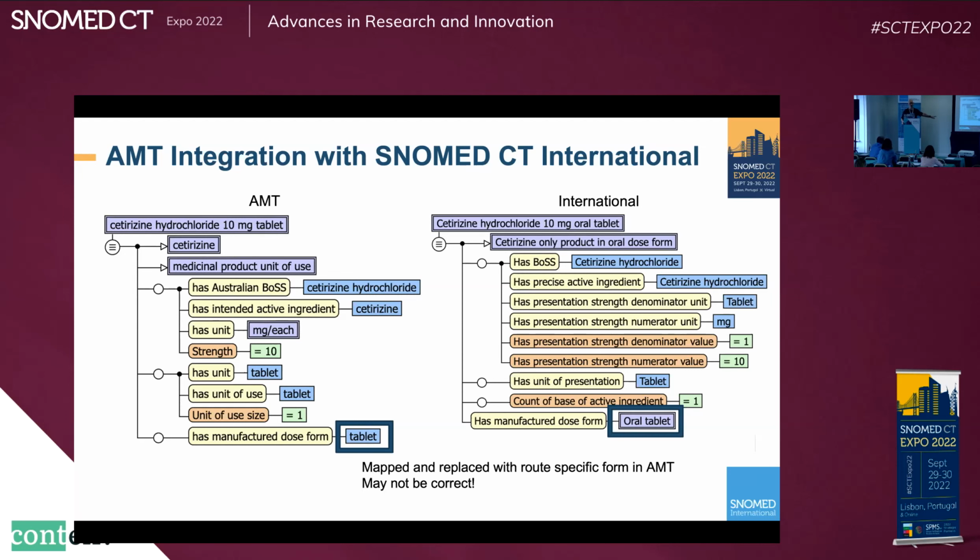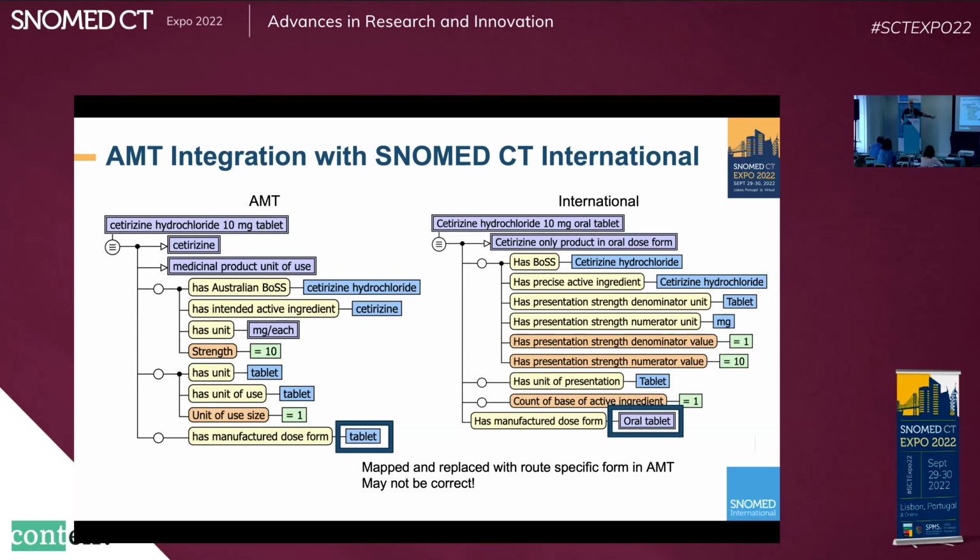But as a result, unlike the DL queries that we had in OWL a while ago, you still have quite a lot more challenges when you're trying to execute the ECL that matches the international model against AMT if it's using its model, and yet they're still logically equivalent and classify correctly because of the presence of the other equivalence axioms that I've included, which is how the hierarchy has been calculated.